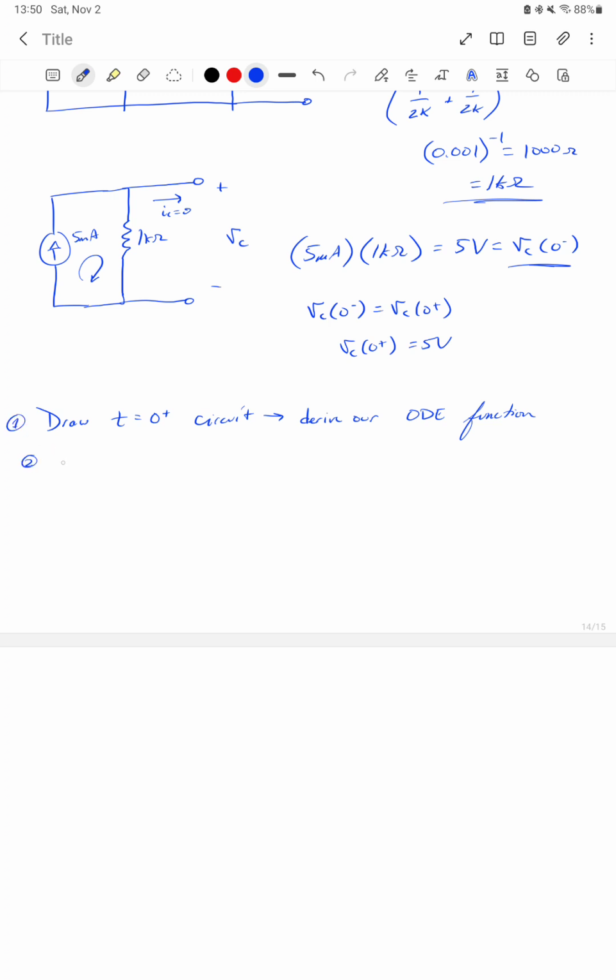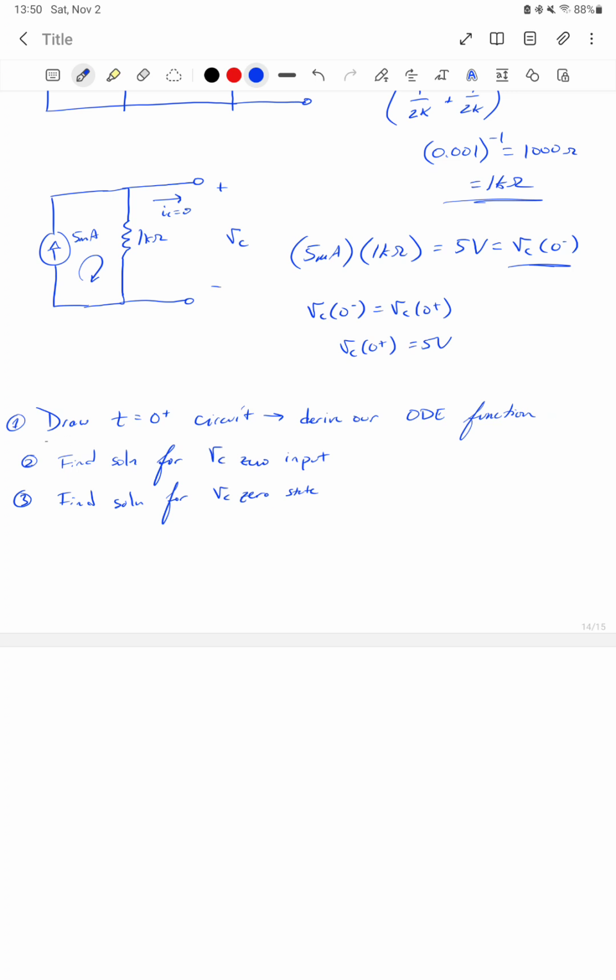Then step 2 is we're going to find the solution for VC 0 input, and then we're going to find the solution for VC 0 state. I think everybody has a basic grasp of doing this, but we're going to derive it this way.